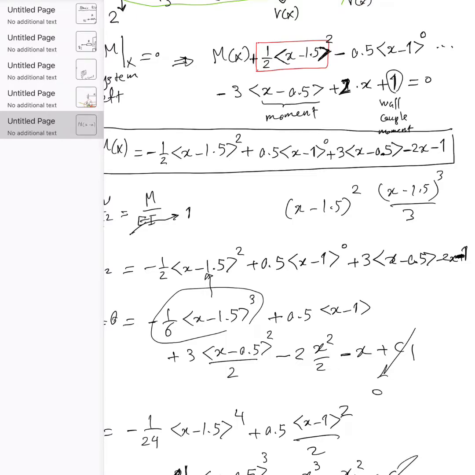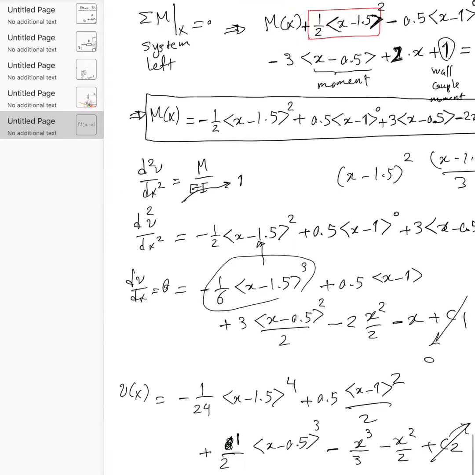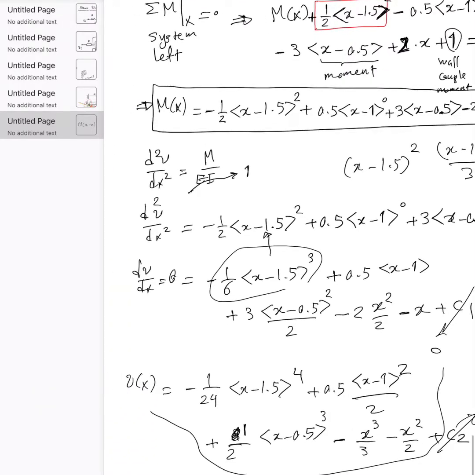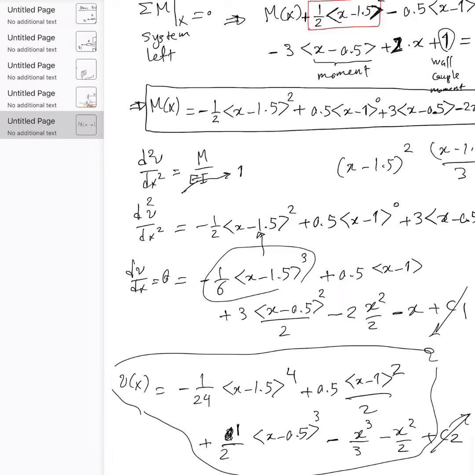Apply the boundary condition, you get c2 is equal to 0. So this is the equation of your neutral axis. So this is a composite relation.